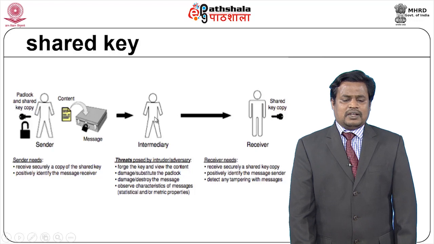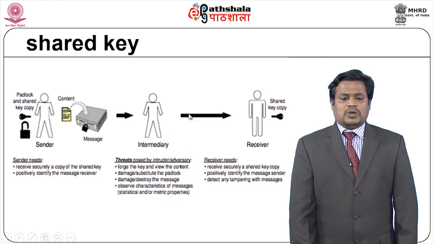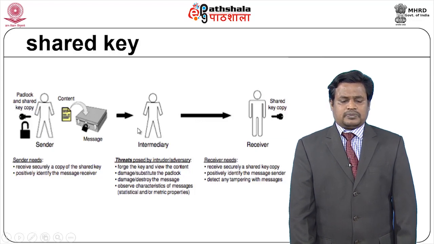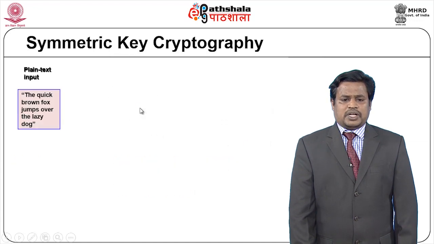An active attacker will forge the key and view the content, substitute the padlock, and damage and destroy the message. A passive attacker only observes the characteristics of the message. He just monitors what is happening between the sender and the receiver. This situation happens each and every time where we need to ensure security.